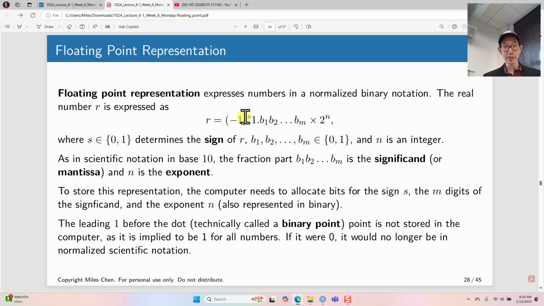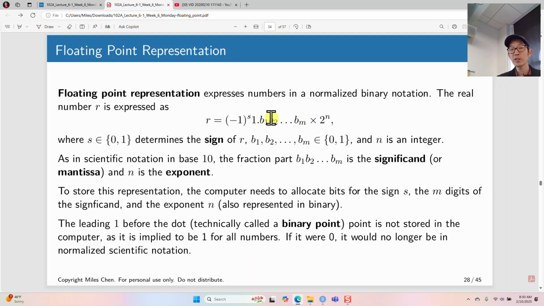If it's a positive number, s is going to be 0, and if it's a 1, our number is going to be negative. And then because it's in normalized scientific notation, the leading digit before the point is not going to be a 0. We just assume the leading value in front of the point is a 1. If it's not 0, it has to be 1 if we're doing binary, because we only have 0s and 1s.